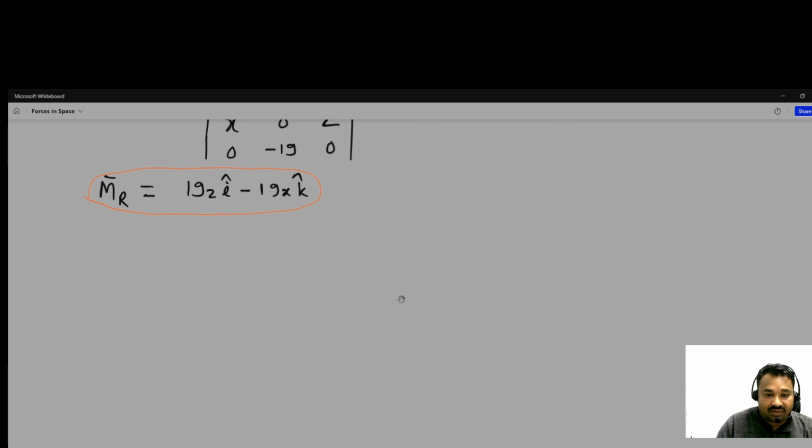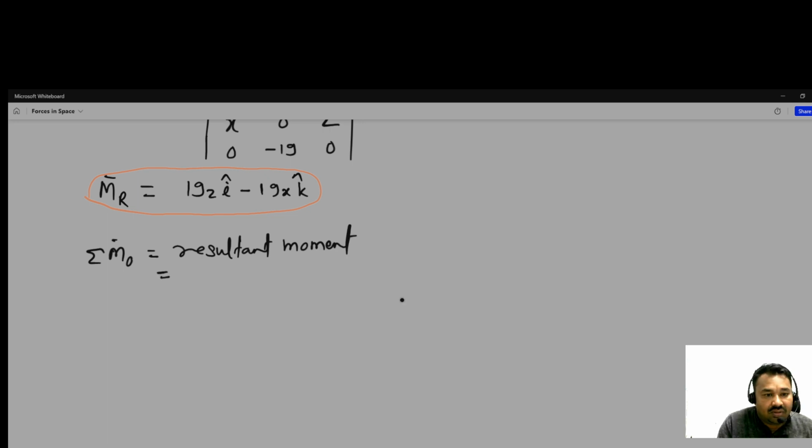So our purpose is to get the moment vector. Okay, and this is what, once again, this is what a resultant moment. So what we have to do here?